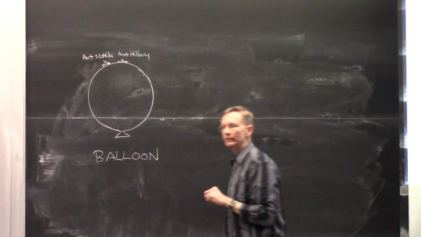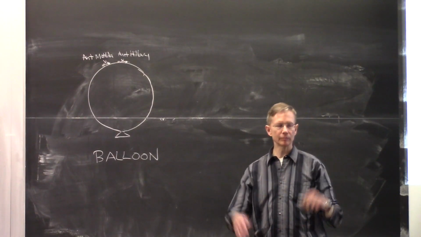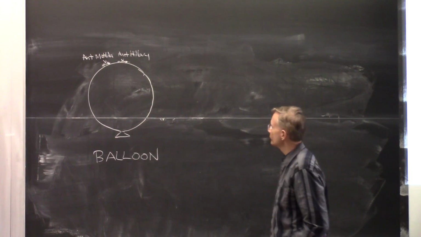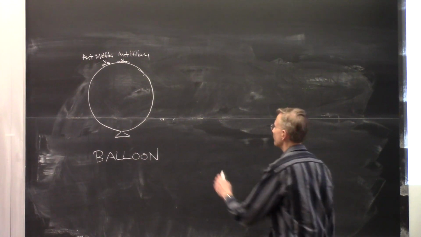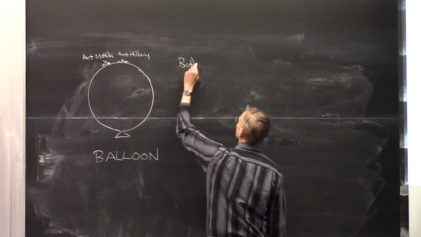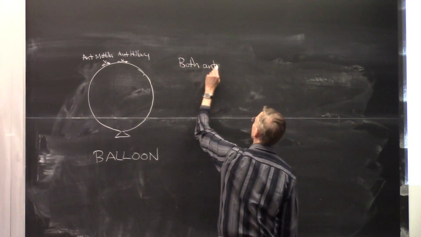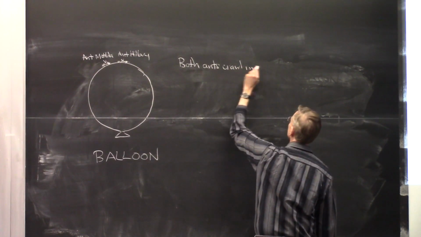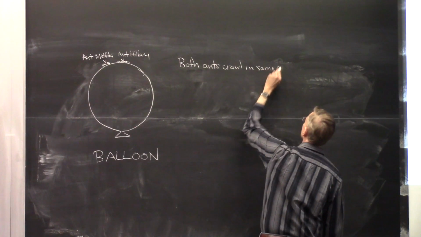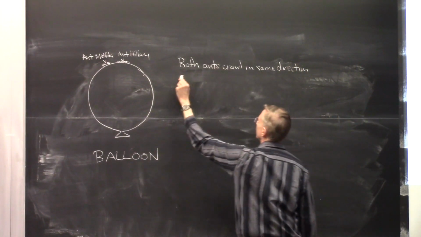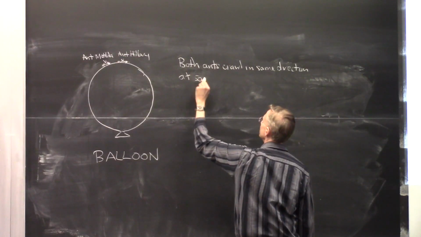And the balloon is not being inflated, it's just chilling out, being its balloony self. 2 ants crawling along. And they're going to go in the same direction at the same speed v.